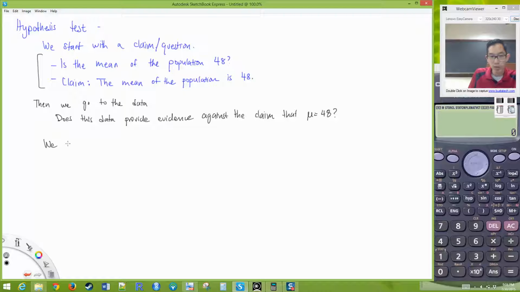We have data. That's after we made the confidence interval, but in this case, let's pretend we haven't done the confidence interval yet.